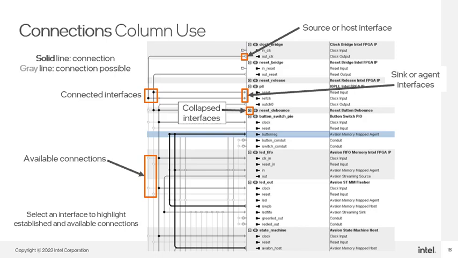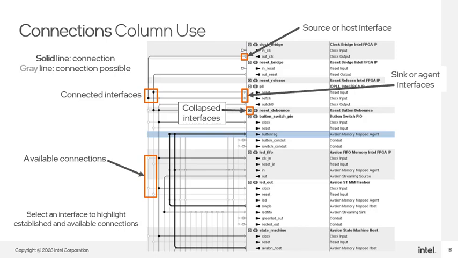An arrow pointing into an interface indicates that it is an agent, clock input, reset input, sink, or receiver interface. Selecting these types of interfaces, as shown here, highlights in black the connection lines back to whatever interfaces are connected, and possible connections, highlighted in gray.